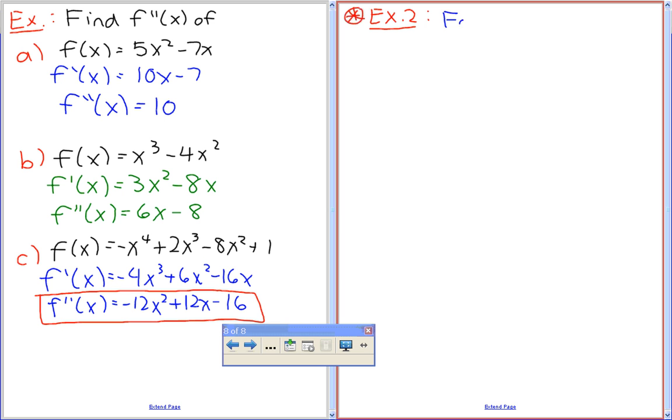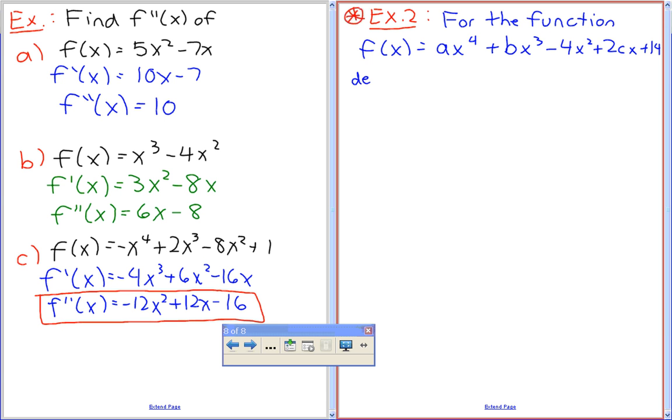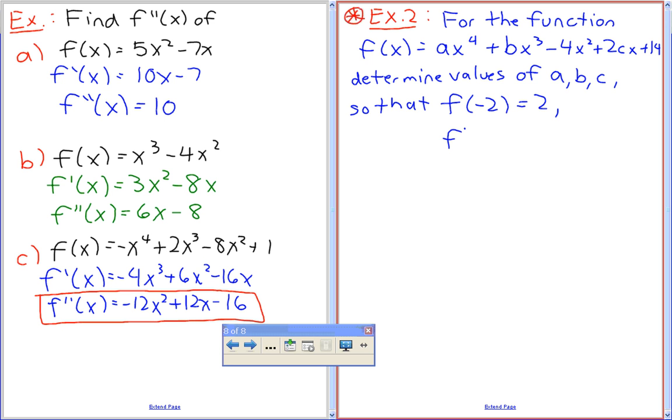For the function f of x equals ax to the fourth plus bx cubed minus 4x squared plus 2cx plus 14, determine values of a, b, c so that f of negative 2 equals 2, f prime of negative 2 is equal to 16, and f double prime of negative 2 is equal to negative 8.